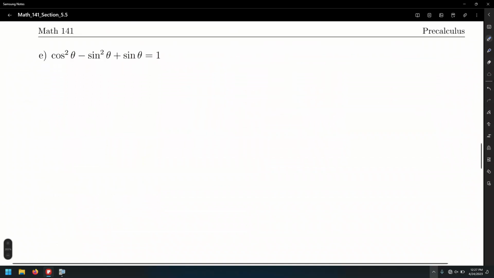So letter E, number 1, it's a quadratic equation. That's to begin with. Number 2, this equation is unfortunately about to give us a lot of trouble.